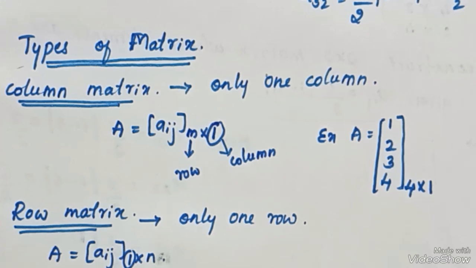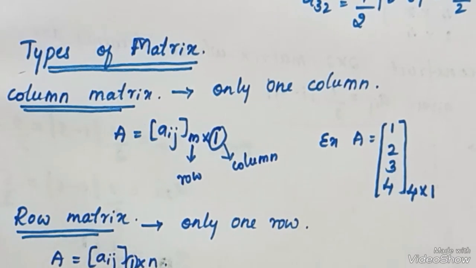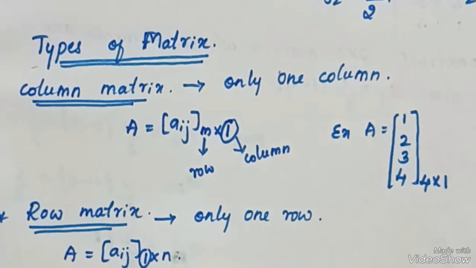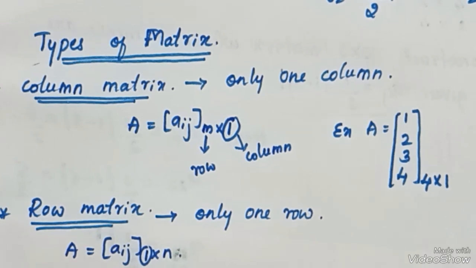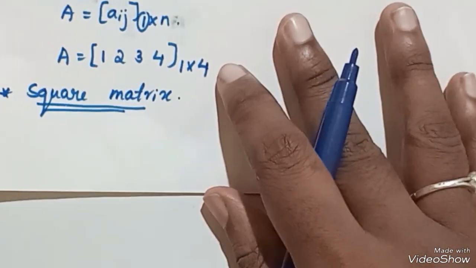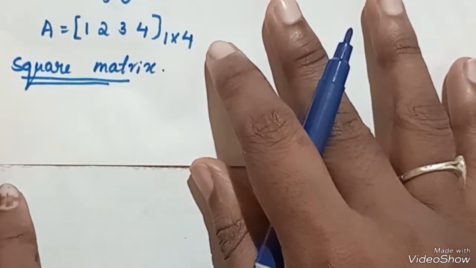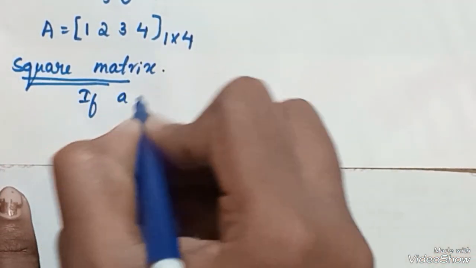Then the next type of matrix is the square matrix. What do we mean by a square matrix?